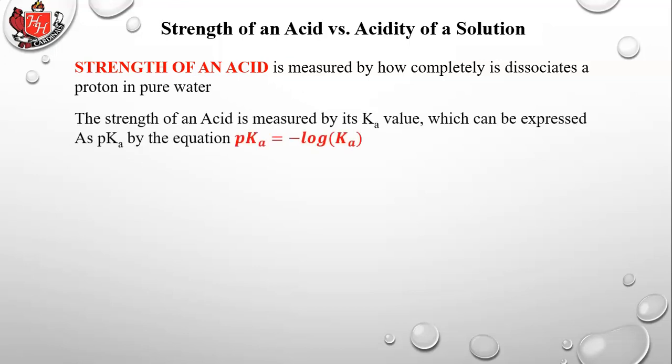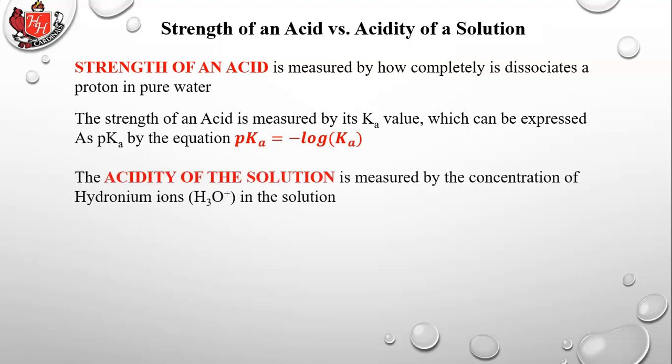So the strength of an acid is measured by its Ka value, which can be expressed as pKa, and that's simply by doing the same thing to Ka that you do to hydronium ion concentration, which is take the negative log. And that will give you something called a pKa. Again, why do you do that? Because it just gives you a scale that's a little more user-friendly. It's not a lot of exponents and very big and very small numbers. It's just a nice scale that's in the normal range of numbers that we're used to working with every day.